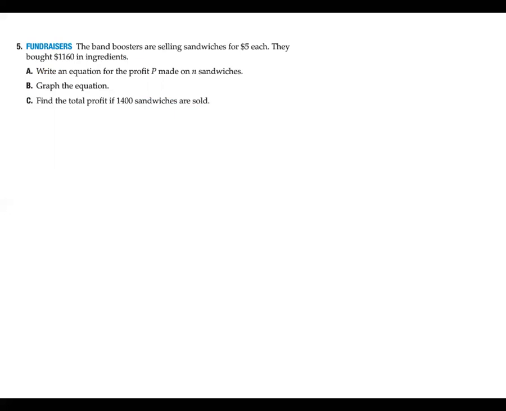Okay, so the rate is $5 per sandwich. So P would equal $5 times the number of sandwiches. I'm going to use B for the band instead of S, because my S's look like 5s, and my 5s look like S's.